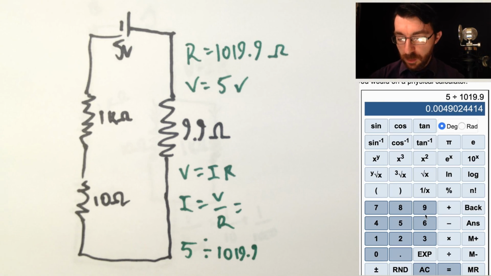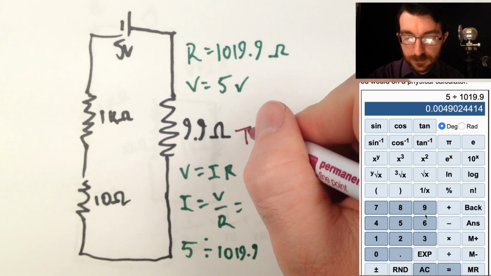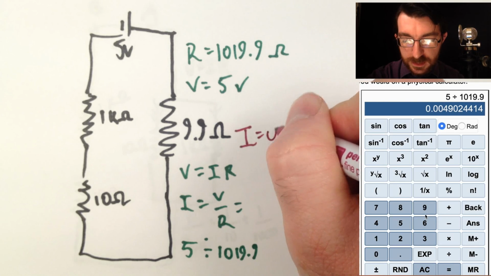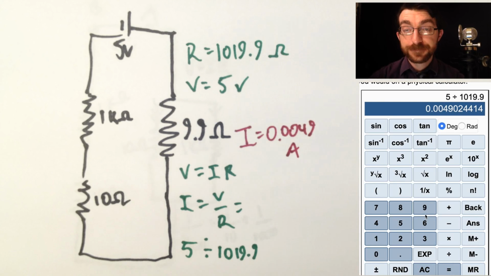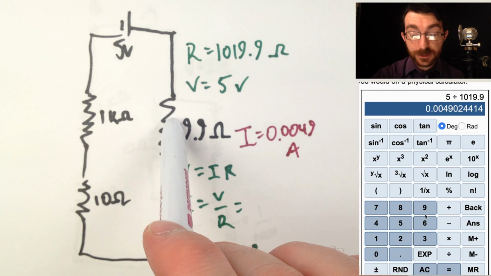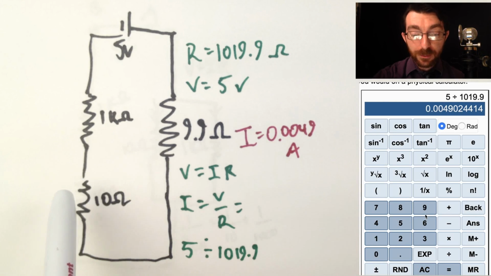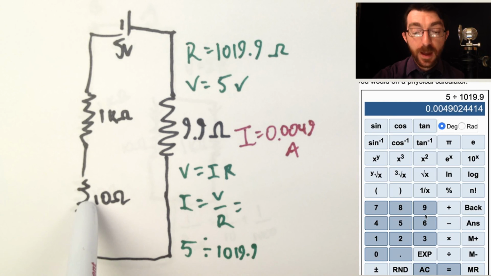So our total current in this circuit is 0.0049 amps.